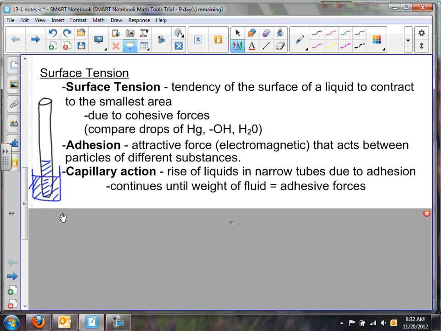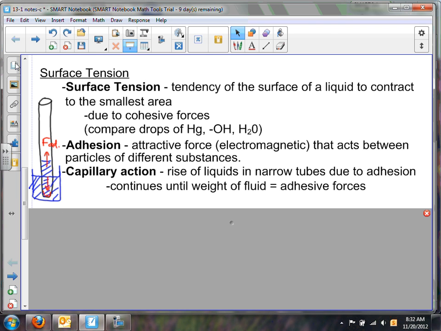Well, the forces acting on this water: we know there is a weight pulling it downward, and the adhesive force is the water attracting the liquid that is trying to pull it upward. And this can continue to climb until these forces are balanced. If you've equaled the weight, you can't go any further.